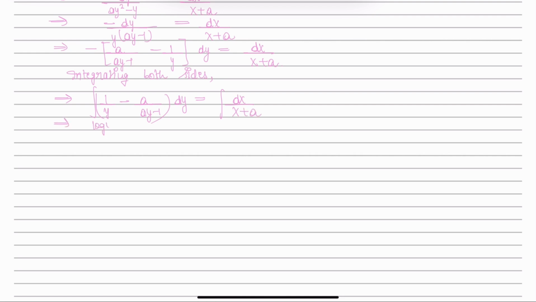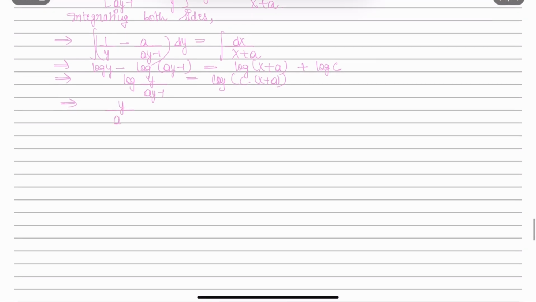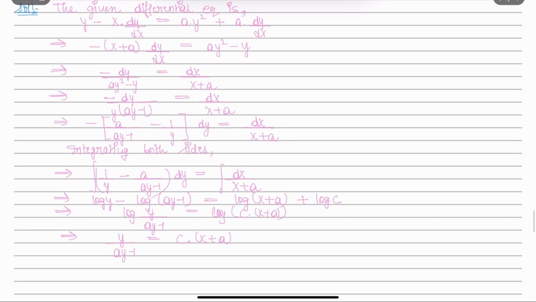This becomes log y - log(ay - 1) = log(x + a) + log c. This becomes log(y/(ay - 1)) = log(c(x + a)). Taking antilog both sides, this becomes y/(ay - 1) = c(x + a). So this is the solution to my given differential equation.